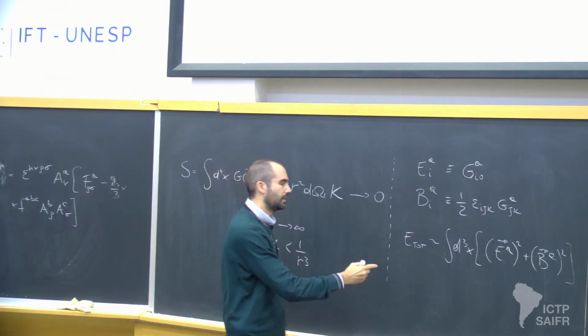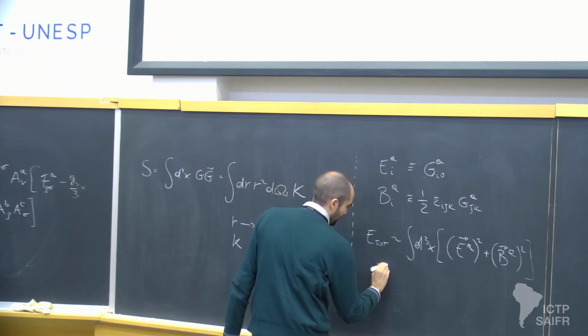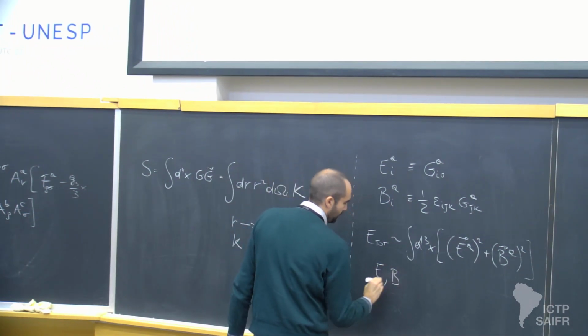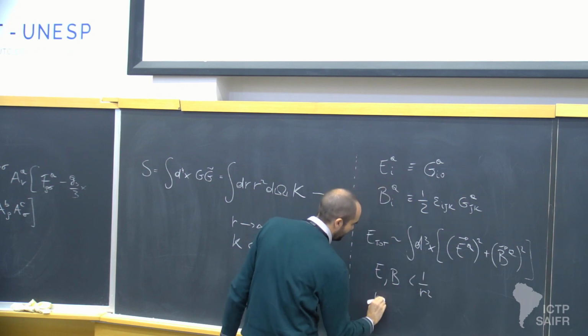If you want this quantity to be finite, you need the absolute values of the two fields to be bounded by 1 over r squared when r goes to infinity.